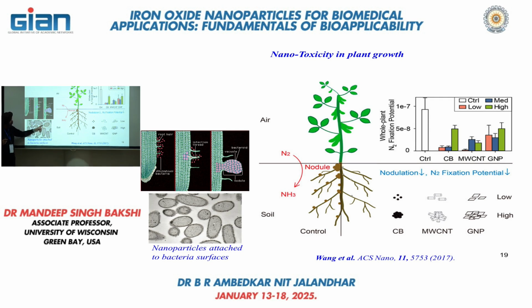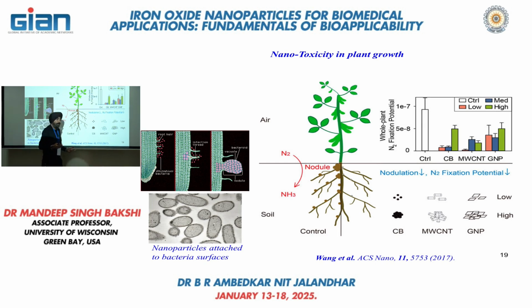These dots are the particles which are there as contaminant in the soil. They are being picked up by the bacterial cell wall, and hence the bacterial growth is affected over here. Thereby, the growth of nodules is affected. Eventually, the nitrogen fixation for the plant growth is being affected.